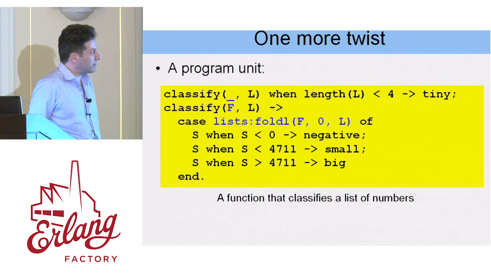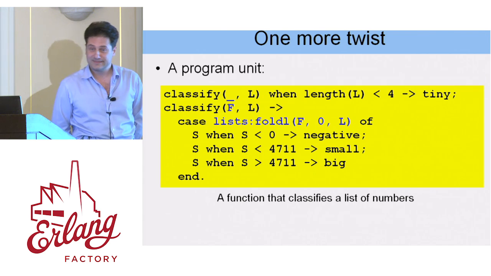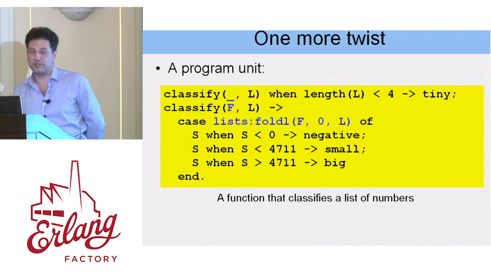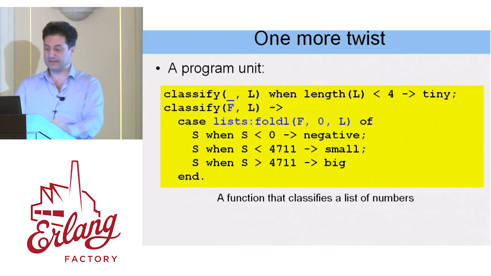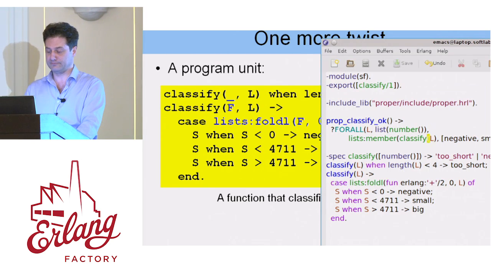If we now call this with erlang:plus with arity 2, this is exactly the same function as before. Now, what should the tool do here? What should it do, a tool that is supposedly sound?